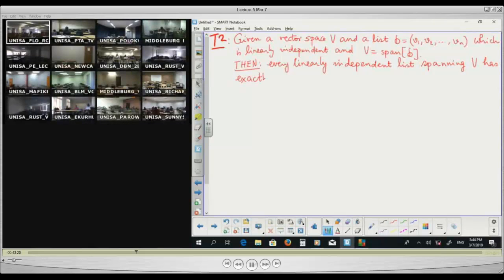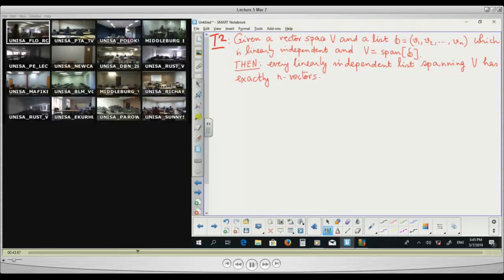So what's the upshot of this? The upshot of this is that if you tell me that a vector space somehow gets spanned by 20 vectors in a linearly independent fashion, then any set of linearly independent vectors which span it will have 20 vectors.